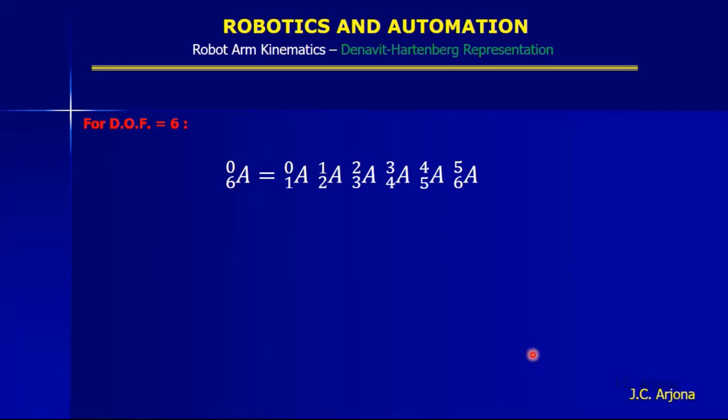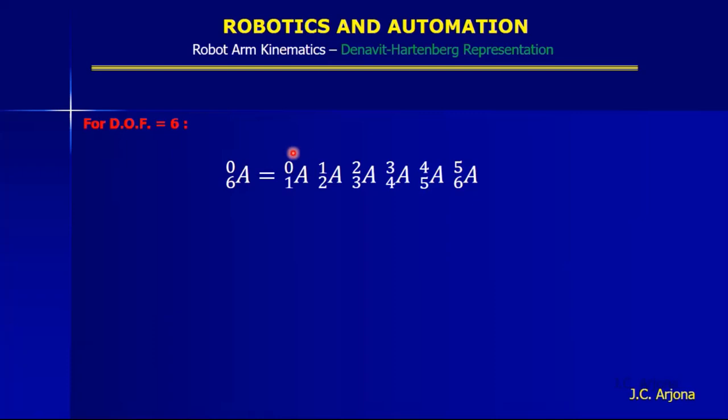For 6 degrees of freedom, you have A6 to 0, which is equal to 6 adjacent homogeneous transformations, starting with A1 to 0, A2 to 1, A3 to 2, A4 to 3, A5 to 4, and A6 to 5.